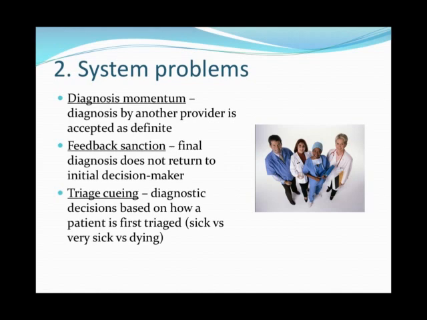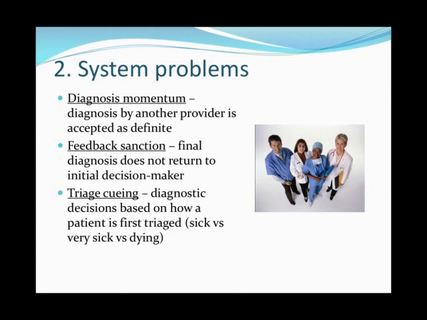It's nice if that information can be passed back to the first doctor so he can know how to improve his way of thinking. But if that diagnosis is not returning to the initial decision maker, then that can lead to this systematic problem of feedback sanction.